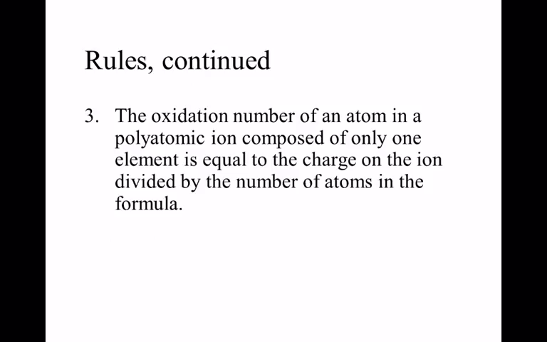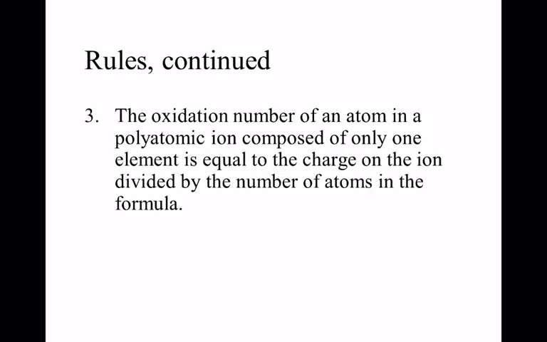So if you happen to have a polyatomic ion, and it's only one type, the example I'm going to show you here in a minute is the triiodide, which we don't do a lot with. But triiodide is I3, and it's got a -1 charge for those 3 atoms.